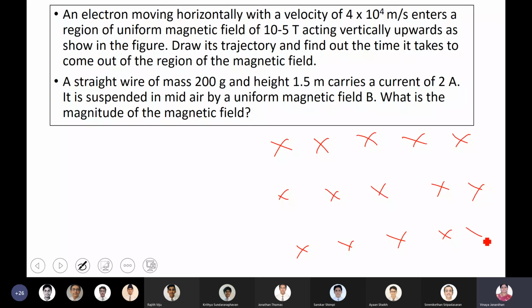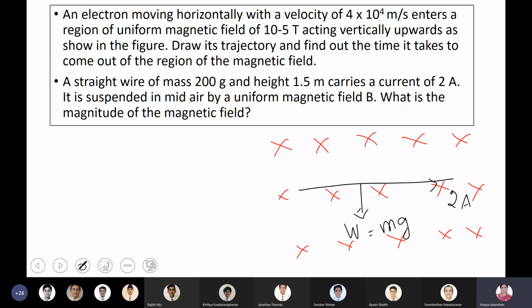So this is your uniform magnetic field. There is a wire at a height of 1.5 meter carrying a current of 2 amperes. Now the mass is 200 grams, so the weight is m into g. It is suspended in mid-air by a uniform magnetic field.